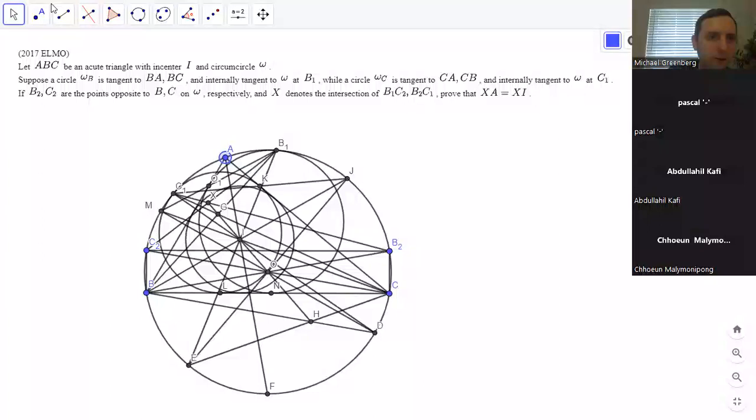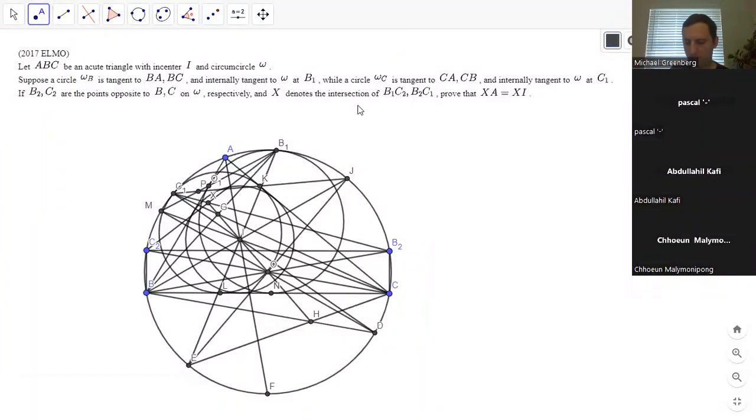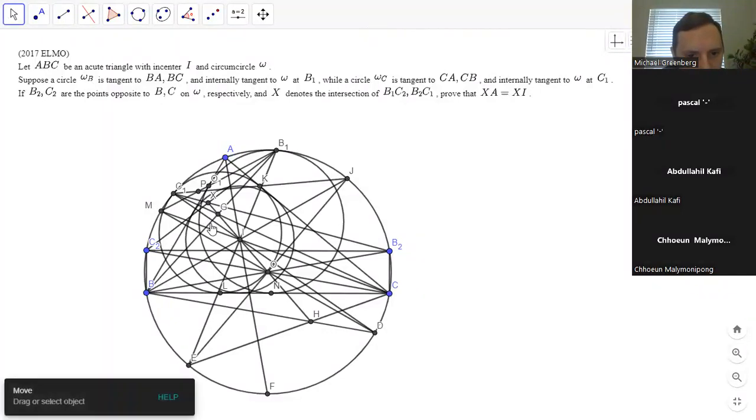This point right here, P. That would imply that P, PI, probably making this harder than I need to.